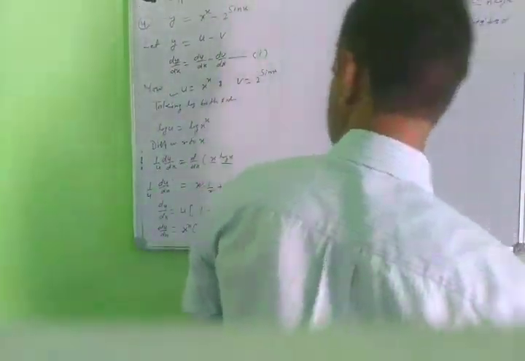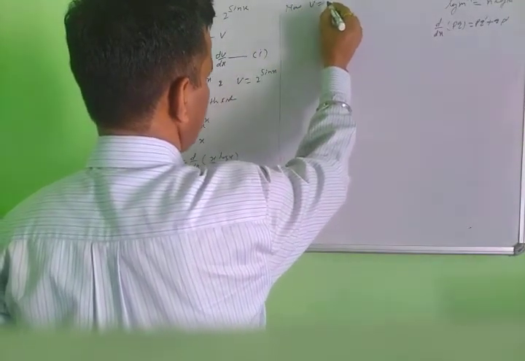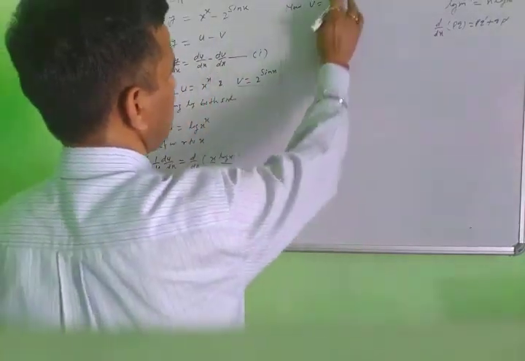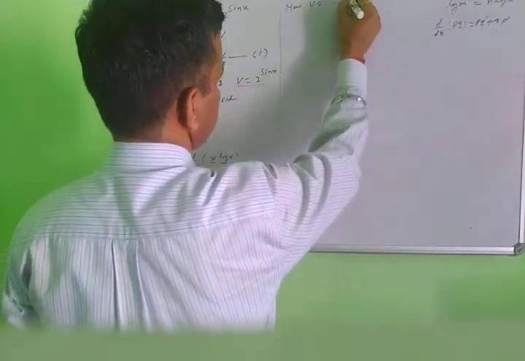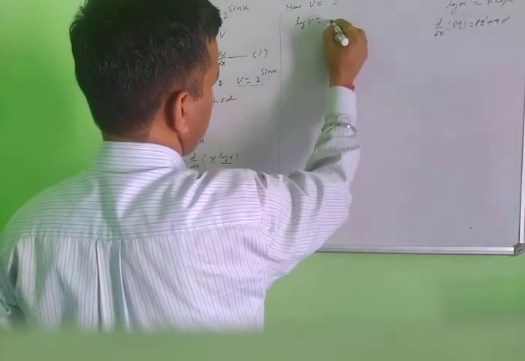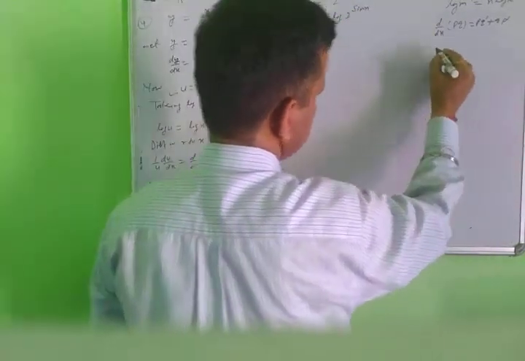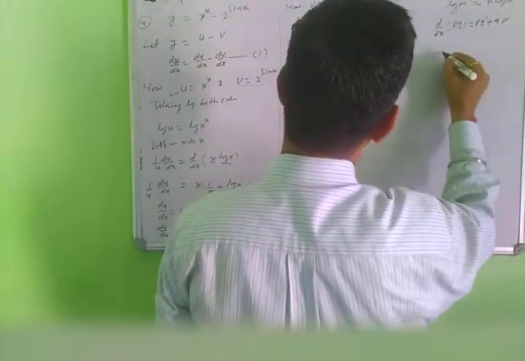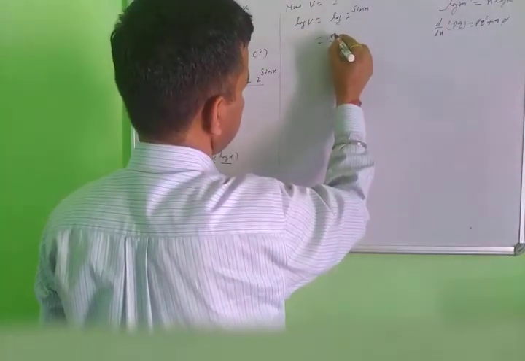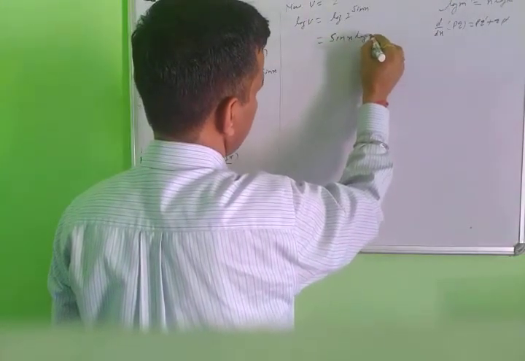Yes, next. Now v equals 2^(sin x), the second part here. Similarly taking log, log v equals log 2^(sin x). Using the same identity, this becomes sin x log 2.